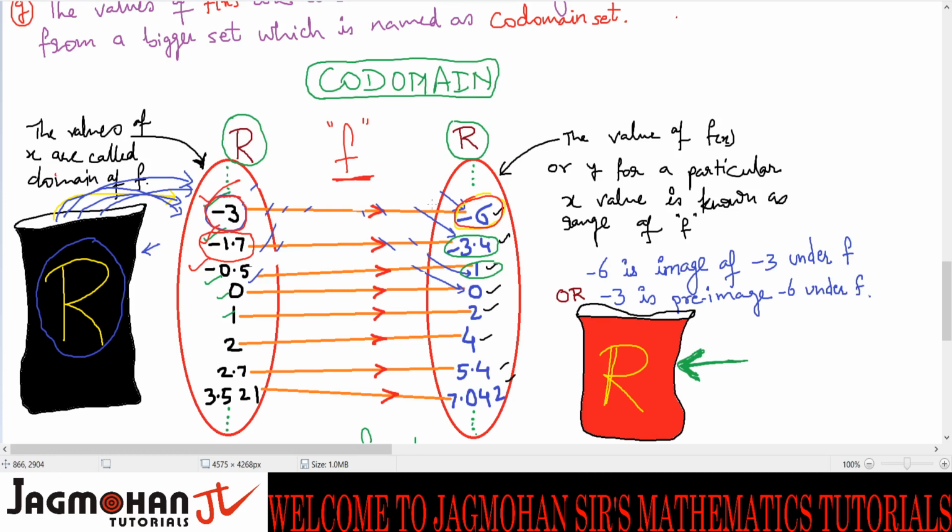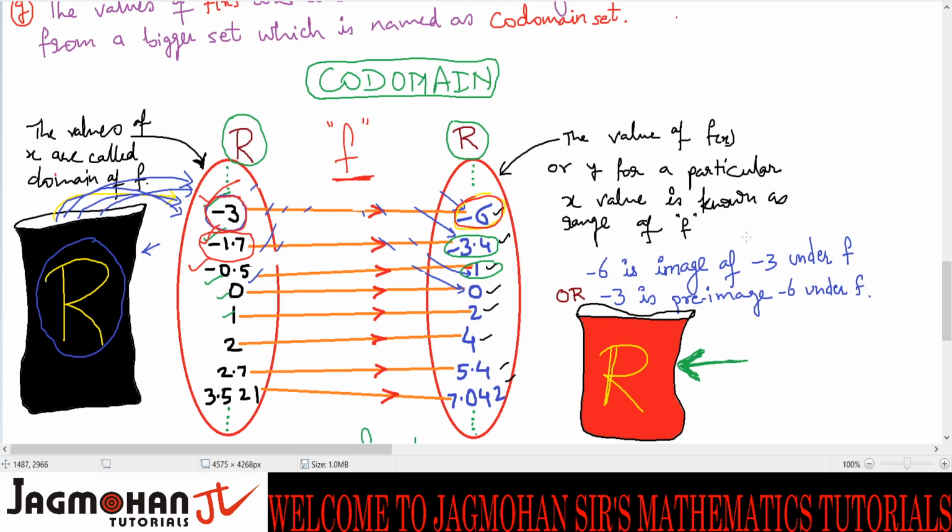Just one pre-image for -6. For -3.4, just one pre-image. For -1, it is -0.5. For 0, it is 0. For 2, the pre-image is 1. You notice that every element in this has got one and only one pre-image.